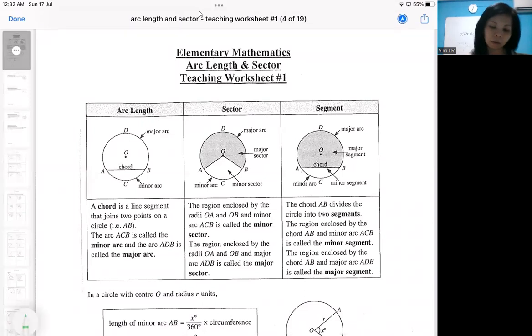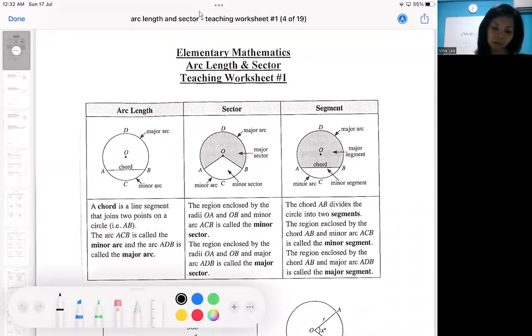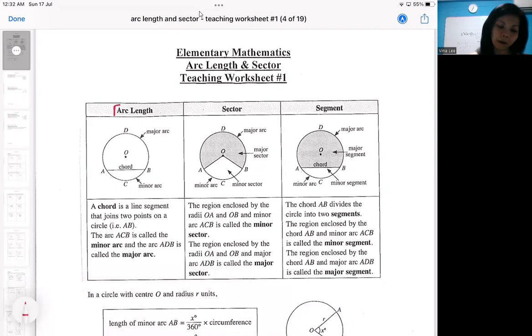The basic terminology that you will need to know is, when we talk about arc length, what are we talking about? Arc length is like parts of the circumference, part of the circumference of a circle.